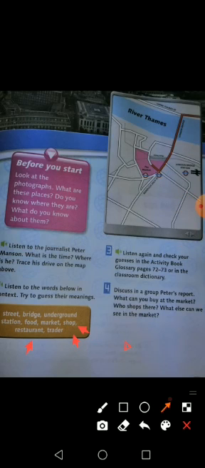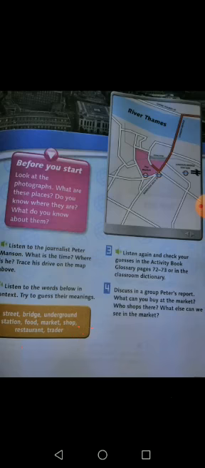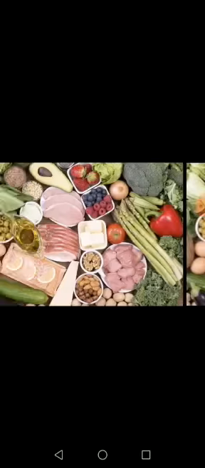Okay, can you listen? Here we have shop and restaurant, okay? So let me show you the shop and let me show you the restaurant, okay? This is the shop. Can you see? The shop is a place where things are sold. You can buy things from the shop, okay?